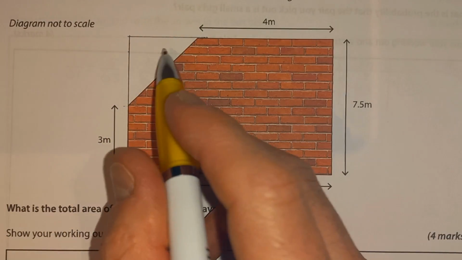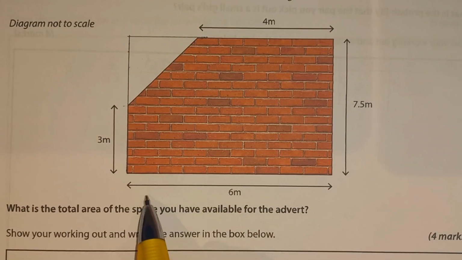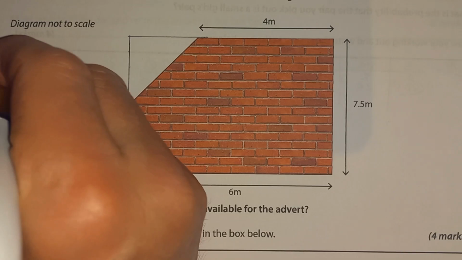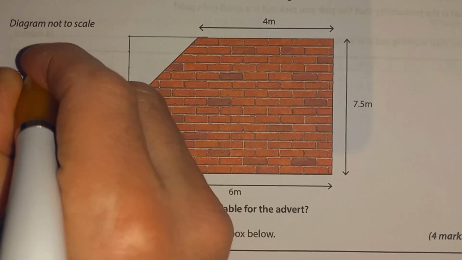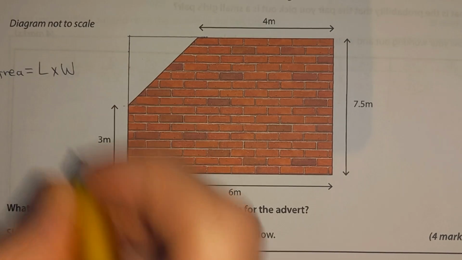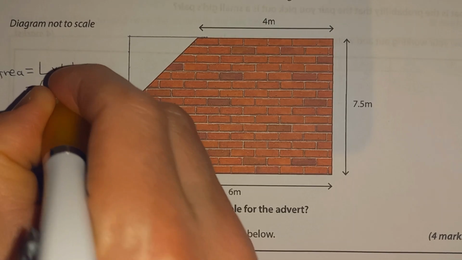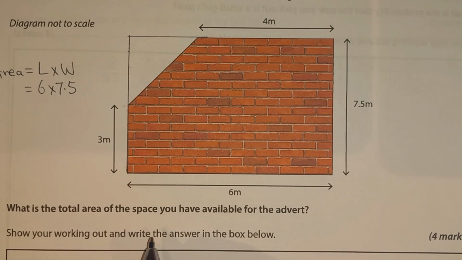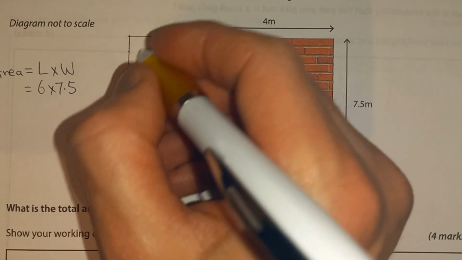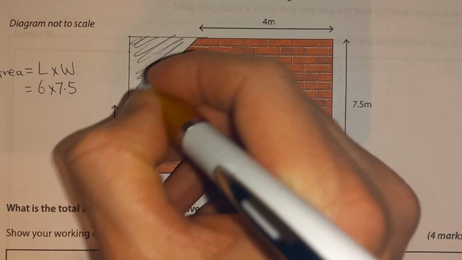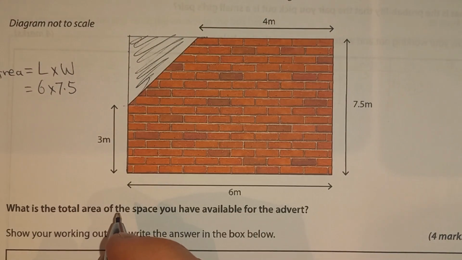So we can work out the total area of this, and that's going to be quite nice because we know that the area of a rectangle is the length times the width. So that's going to be 6 times 7.5. And then we can just take off this area because we don't want that.